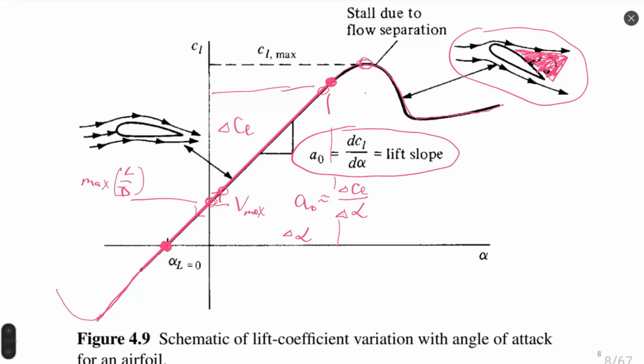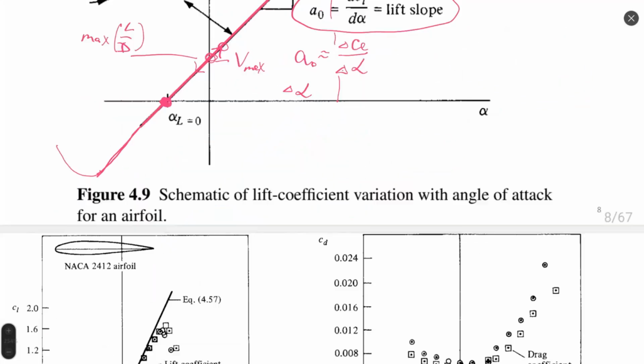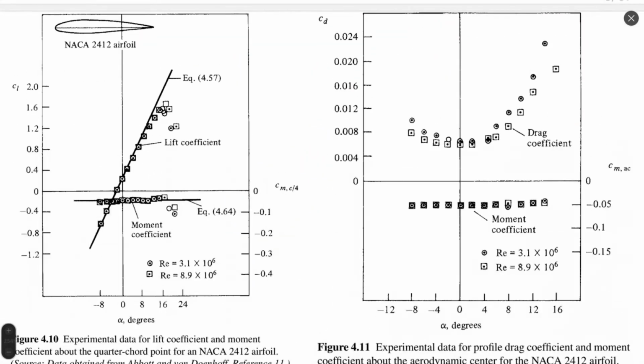This curve is not purely symmetric; it's displaced with respect to the origin of coordinates, but more or less you can find the same behavior of lift coefficient in the negative direction for negative angles of attack. So I think these are the most important comments about these curves.